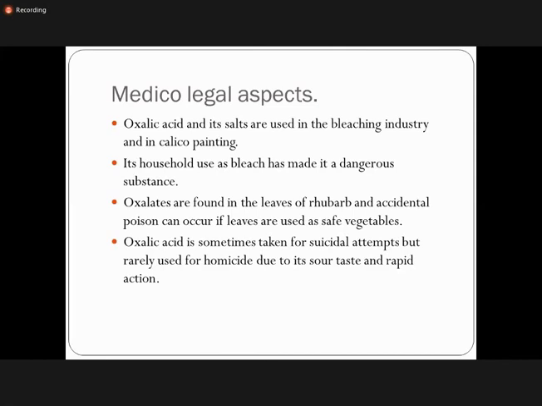It is usually taken for suicidal attempts, but homicide with oxalic acid is relatively rare because it has a very strong sour taste to it. So the victim would easily identify that he's being tricked to eat something bad.